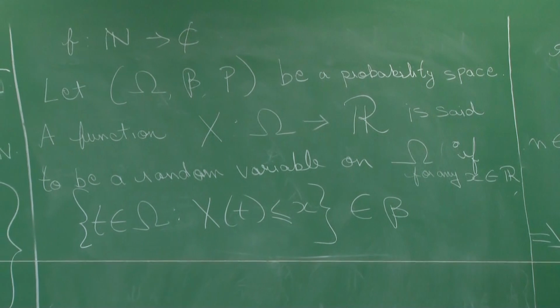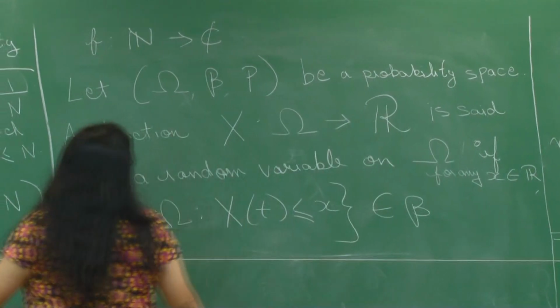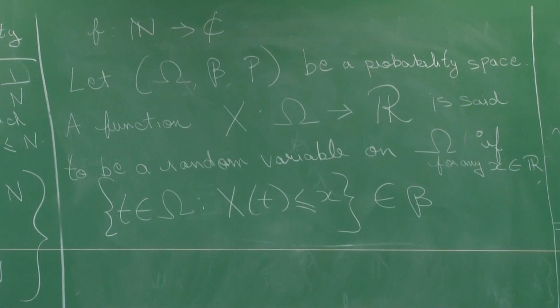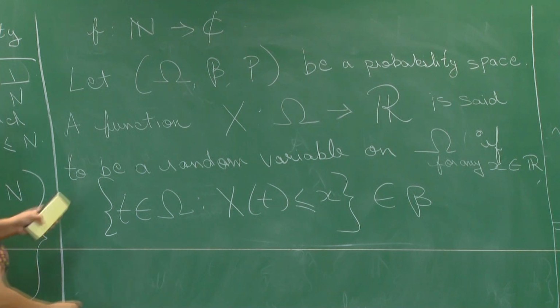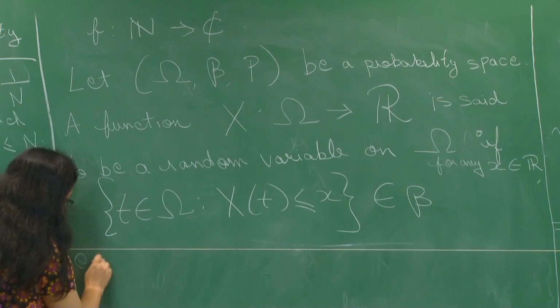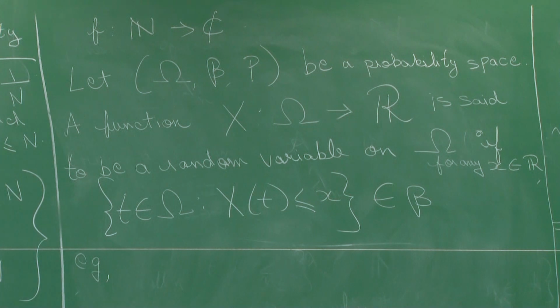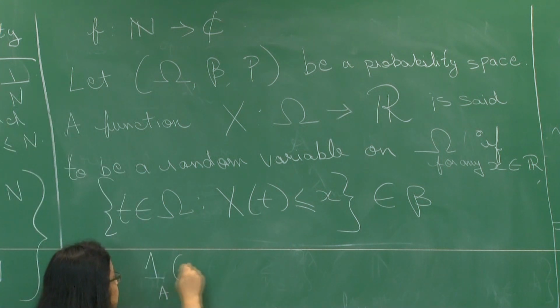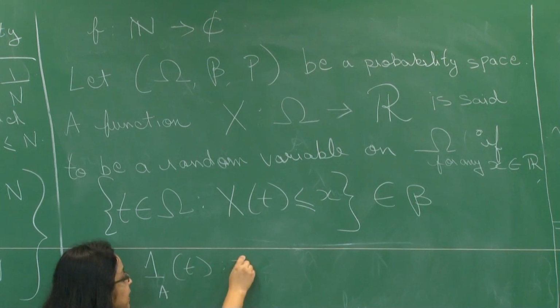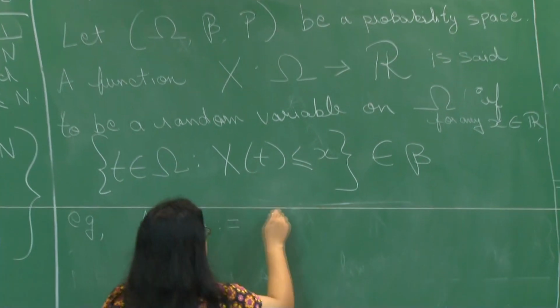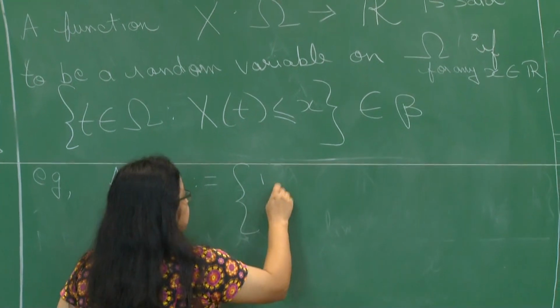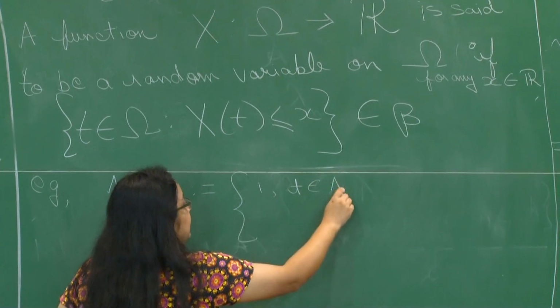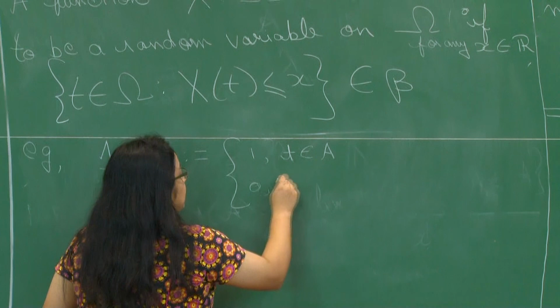Now, with this in place, let us give a quick example. Suppose we define what is called the indicator function. This is a function that we will repeatedly encounter. Define this to be equal to 1 if t is in A and 0 otherwise.